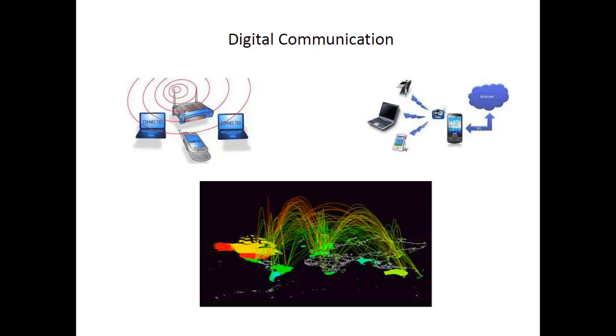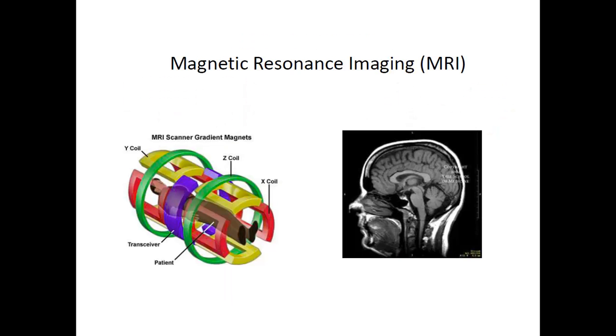So let's see. The next application we were going to talk about was medical imaging. I actually will give a lecture later in the course after the midterm, giving applications, showing how the tools of this course are extremely relevant to medical imaging.